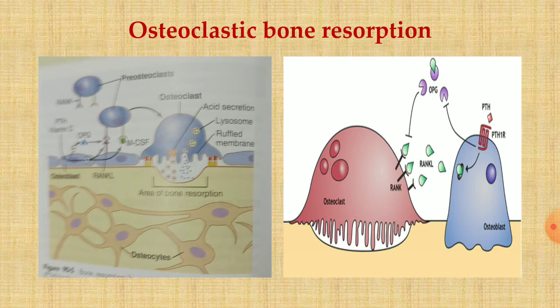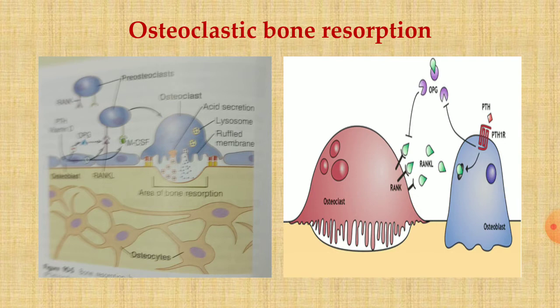So all these precursor cells are stimulated to proliferate and differentiate into osteoclasts, and also the existing osteoclasts get activated by the action of PTH through different chemical messengers, chemical ligands, but not through direct PTH action.